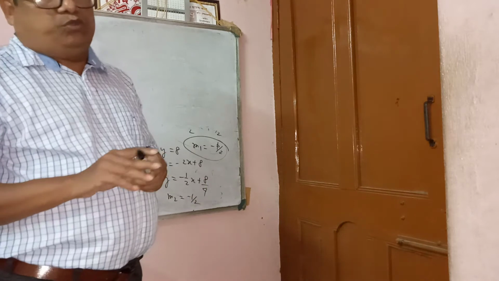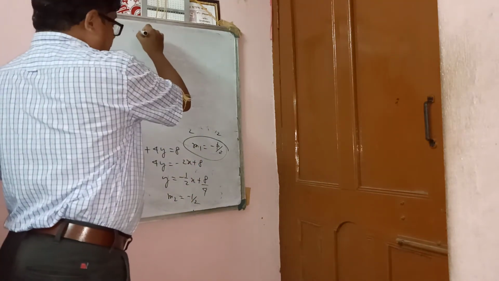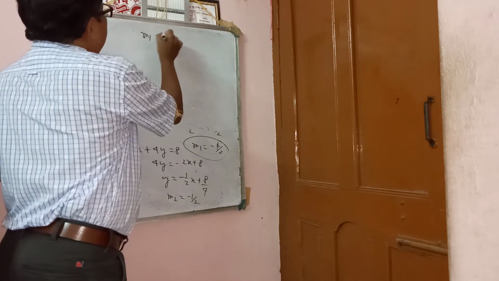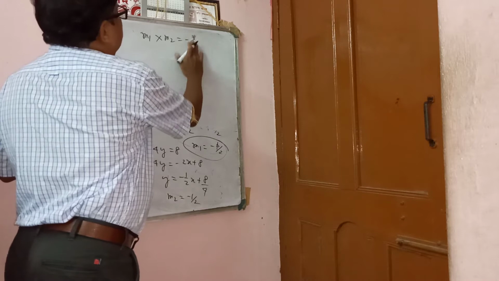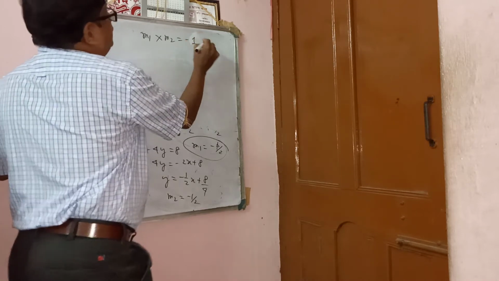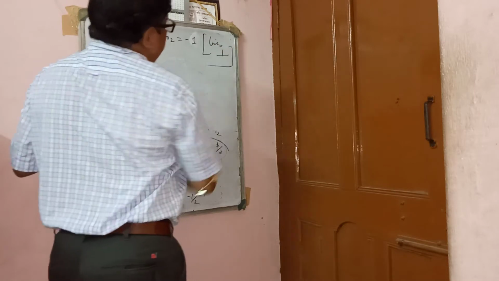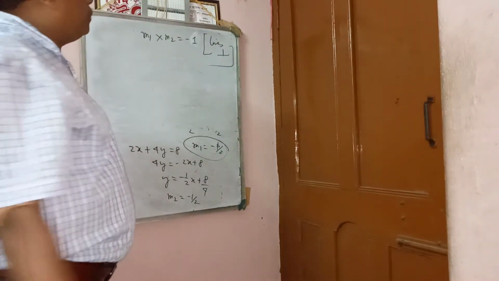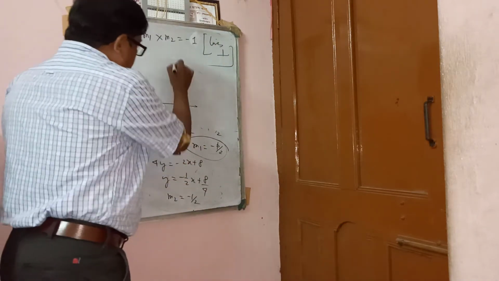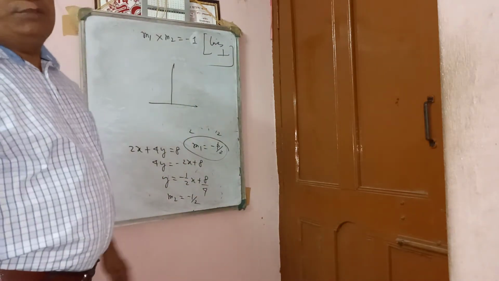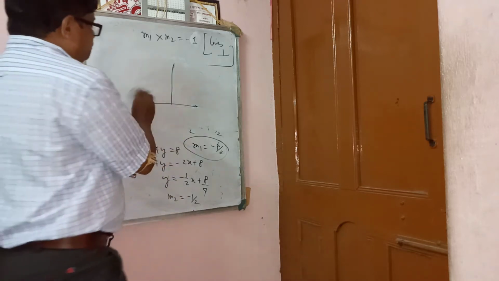So for perpendicular we can write m1 into m2, that is minus 1, right? So both the lines are perpendicular. Okay, this is the symbol of perpendicular. Keep in mind this symbol. All of you remember this perpendicular symbol.